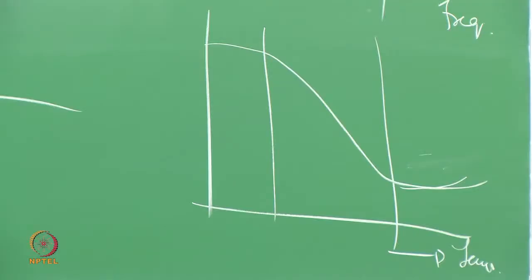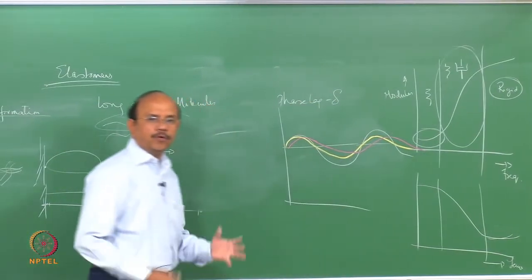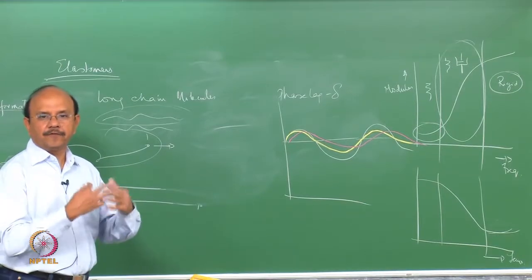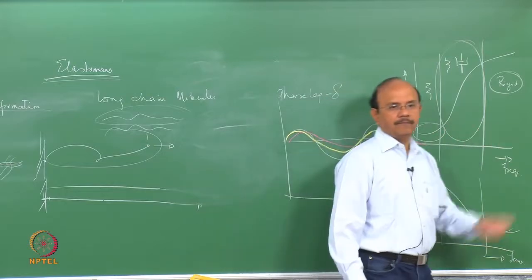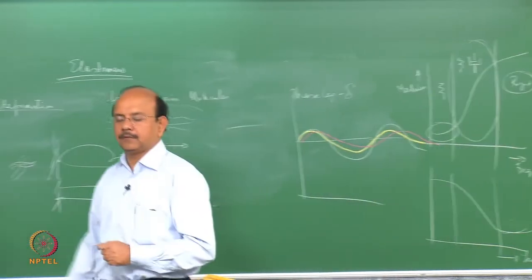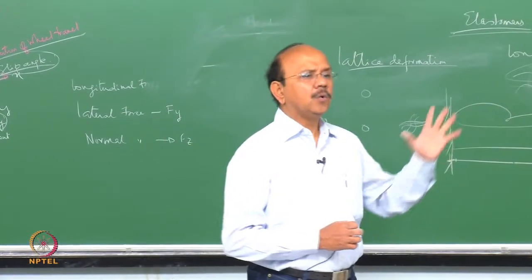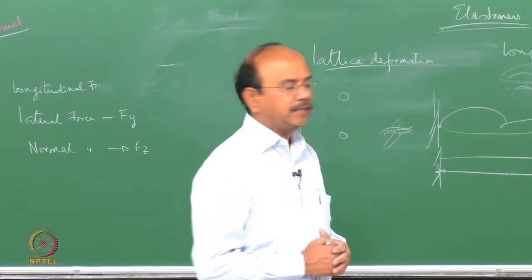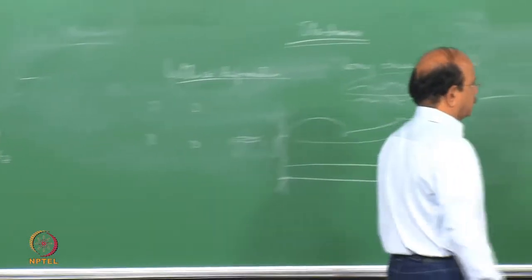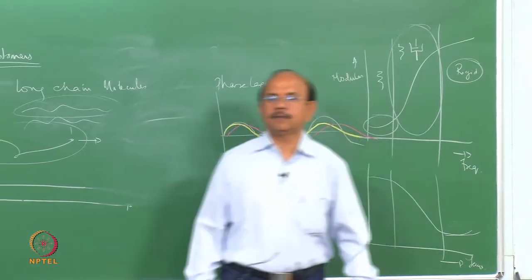So if you compare this graph with the earlier one, you would notice that the temperature effect is the inverse of the frequency effect. We will see that there is a relationship between the two, which is called the WLF relationship.